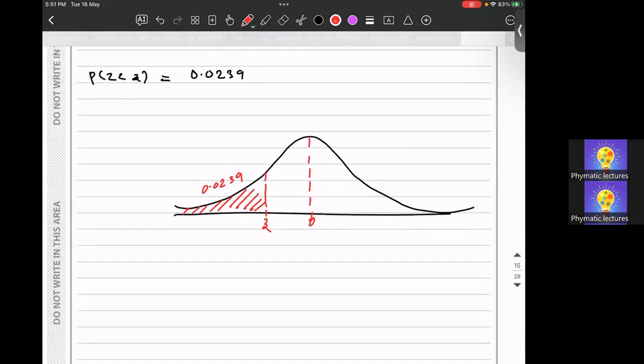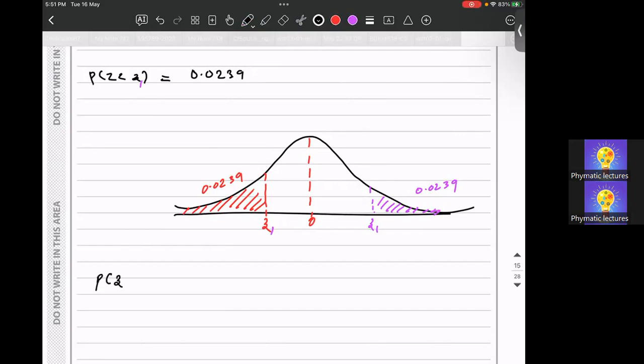Our table values are for positive values. So I'm just keeping this value as Z1. By symmetry, there will be another Z1 such that this area is also 0.0239.